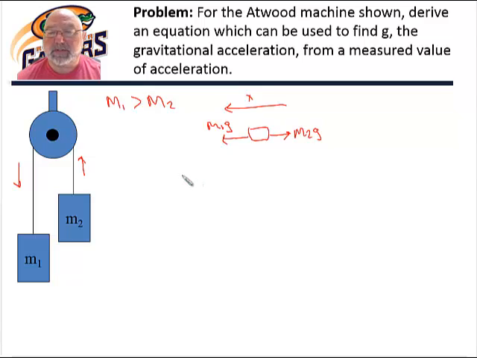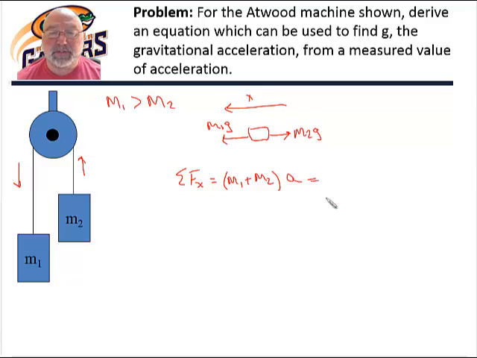So the next step is to write the Newton's second law equation of motion. The sum of the forces in the x direction is equal to the mass of the system, which is the sum of the two masses, m1 plus m2, times the acceleration of the system.